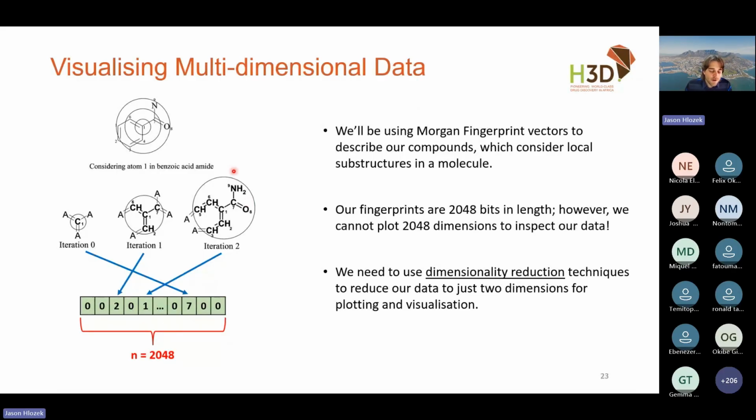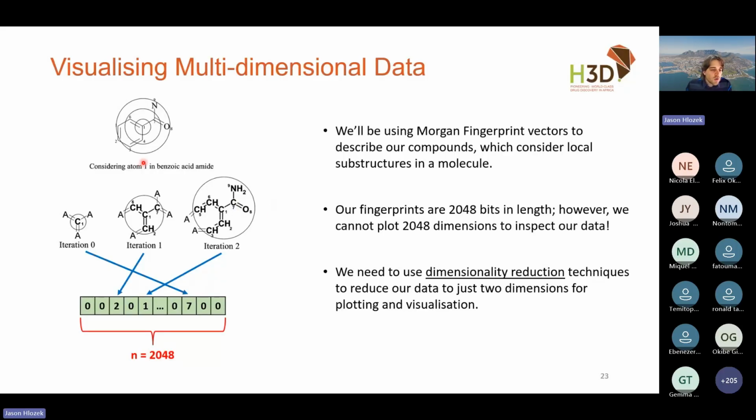And all that is, at a very high level, not to go into too much detail, is to say that what is happening is it looks at each atom in your molecule and it looks at their immediate neighbors up to a certain radius. And so each of these corresponds to a particular chemical substructure.